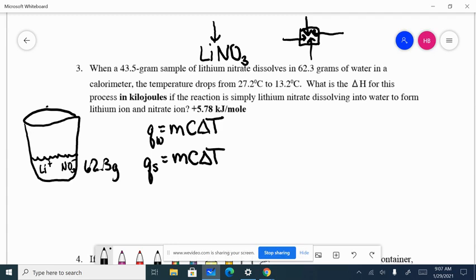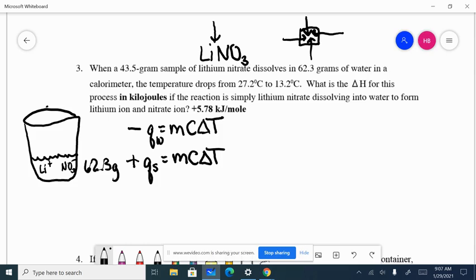So these are equal and opposite. The salt is going to gain energy and the water is going to lose energy. We don't care about the negative signs or the positive signs. We just need to refer to one as being negative and one as being positive to refer to one losing energy, one gaining energy.